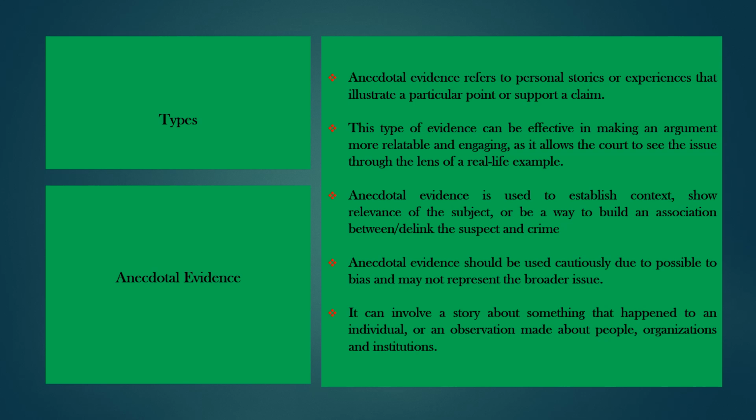Anecdotal evidence is used to establish context, show the relevance of the subject, or build an association, or a link, between the suspect and the crime. This type of evidence should be used cautiously, however, due to possible bias, and it may sometimes not represent the broader issue.